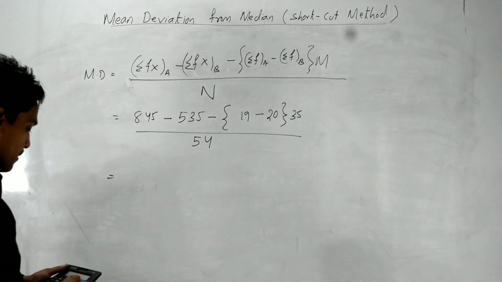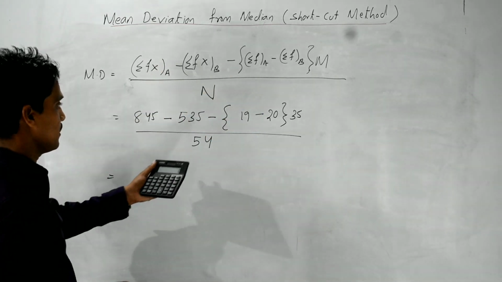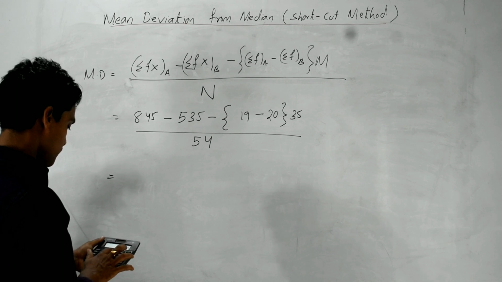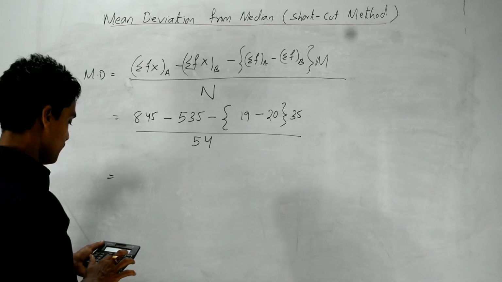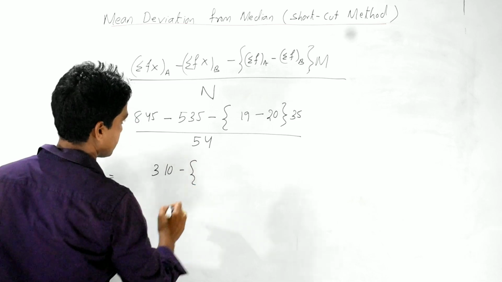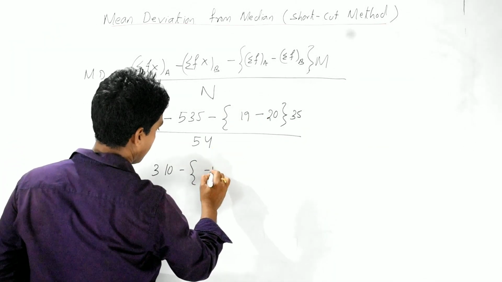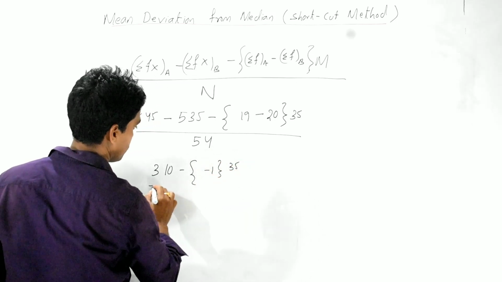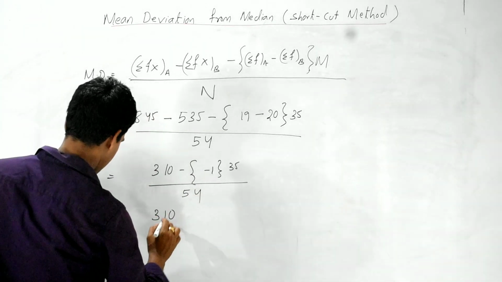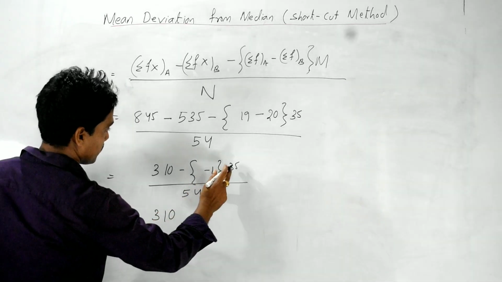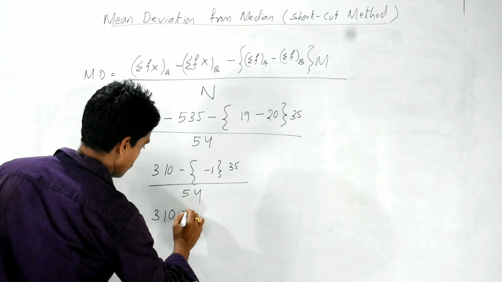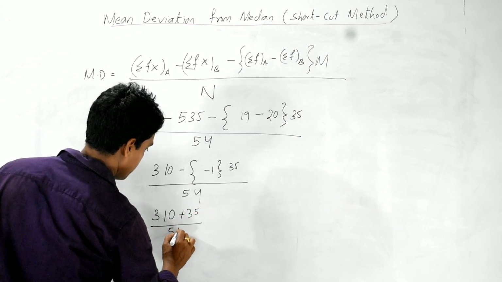Now we can find out the value of mean deviation by simplifying these values, that is 845 minus 535 equals 310 minus 19 minus 20 minus 1 into 35 whole divided by 54, that is 310 minus 1 into 35, minus minus plus, so plus 35 divided by 54.